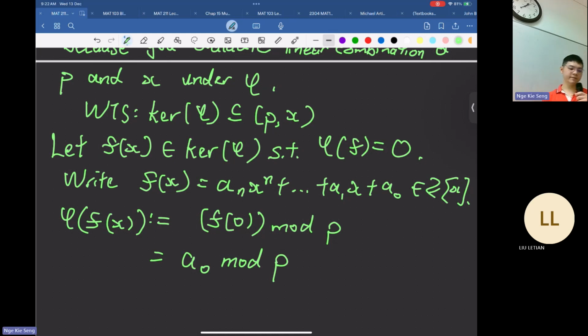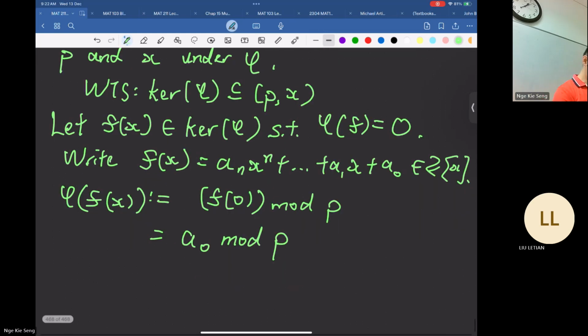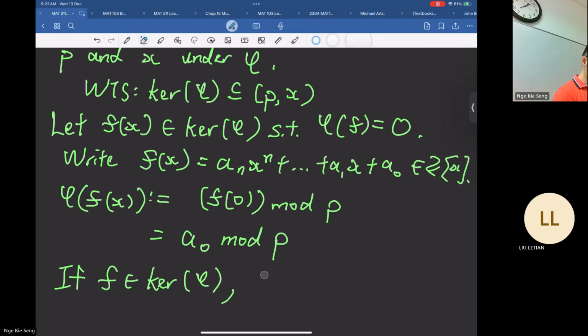This means that if f is in the kernel of phi, then a0 has to be equal to 0 mod p.